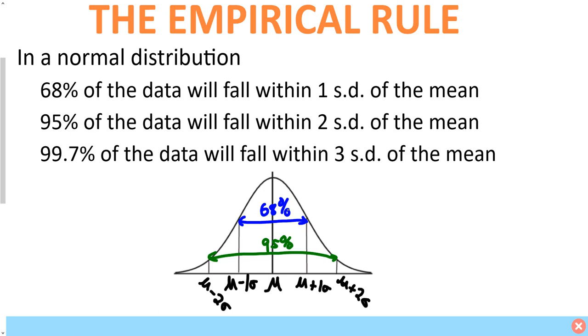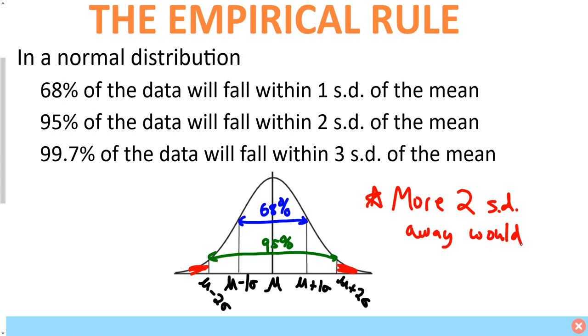So I'm going to really put in here, these are our outliers. So note, more than 2 standard deviations away would show outliers.